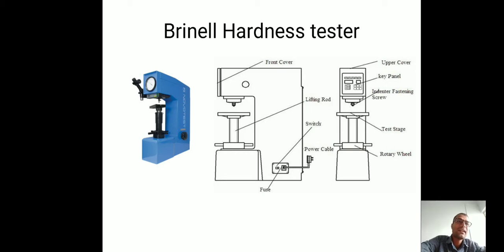In picture number 3, upper cover, key panel, indenter, fastening screw. The indenter also is an important part. Then test stage and rotary wheel. So these are the different important parts of this Brinell hardness tester.